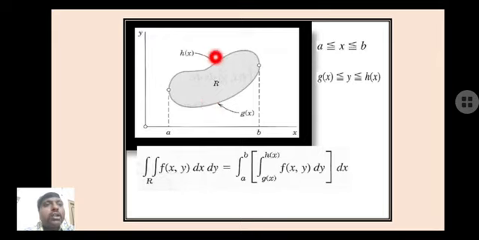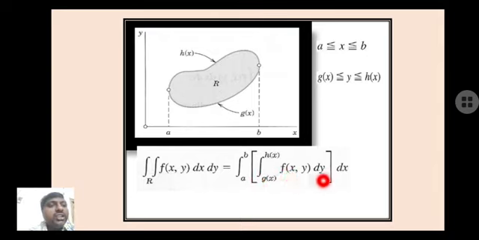So that's why I write the double integration over R of f(x,y) dx dy as the integral from a to b, integral from g(x) to h(x), of f(x,y) dy dx. First we calculate the integration inside the square brackets with respect to dy, treating x as constant. I simplify the integration inside the square brackets.